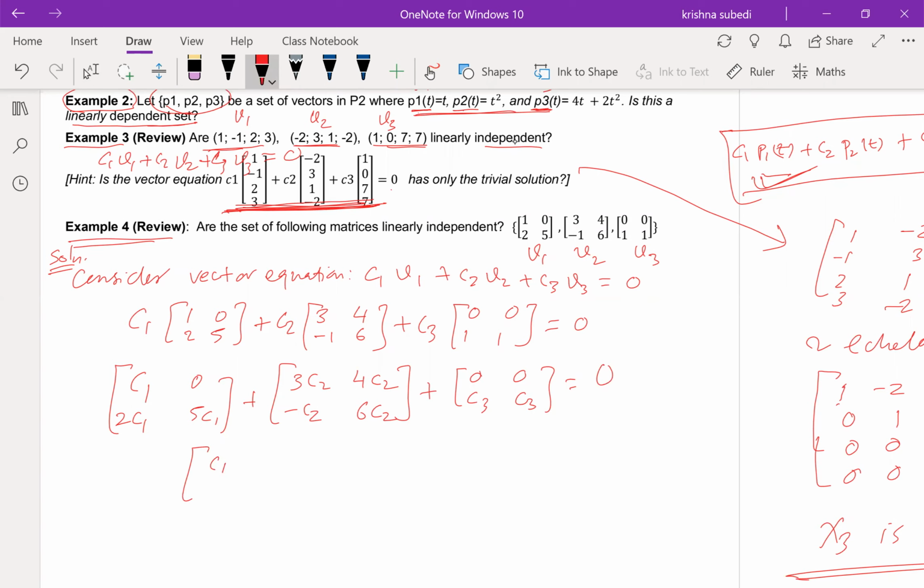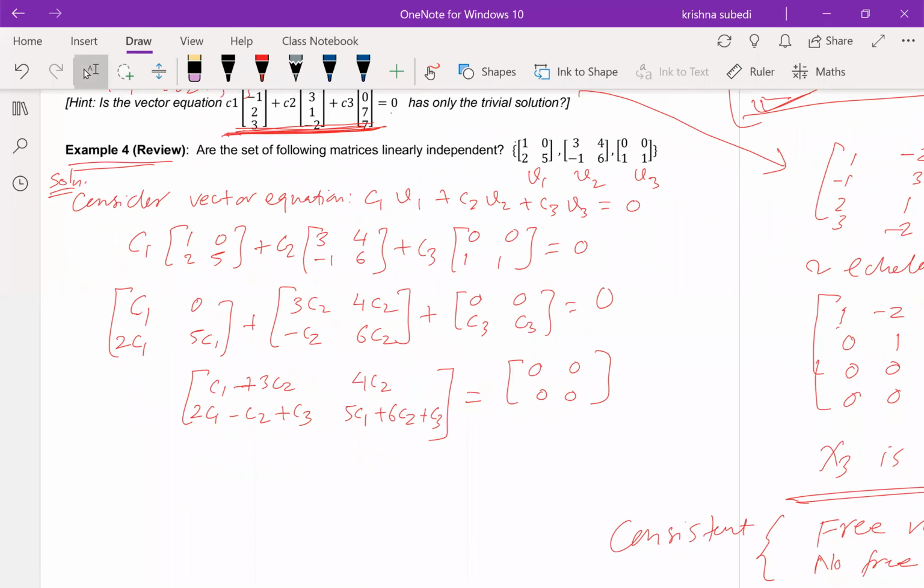We can add all of them, component-wise. The first component, first row, first column element is C1 plus 3C2 plus 0. Second one is 0 plus 4C2 plus 0. This one is 2C1 minus C2 plus C3. This one is 5C1 plus 6C2 plus C3, equal to 0, which can be written as the zero matrix.